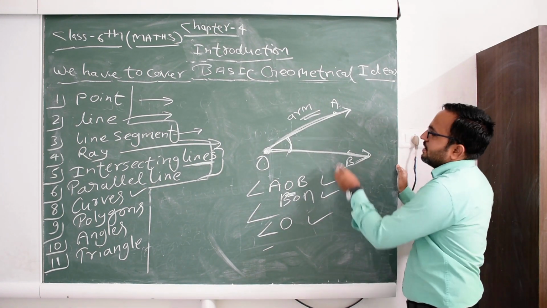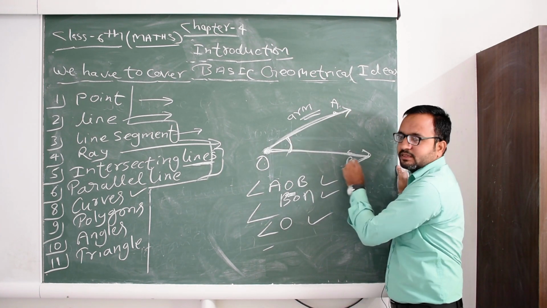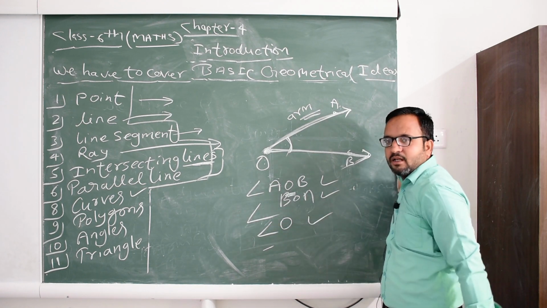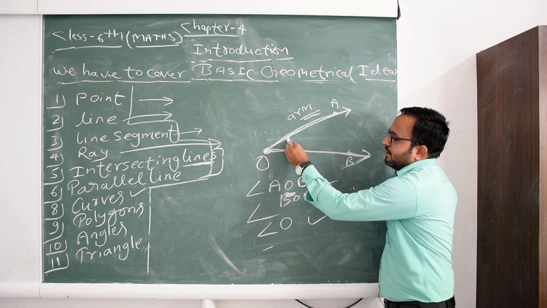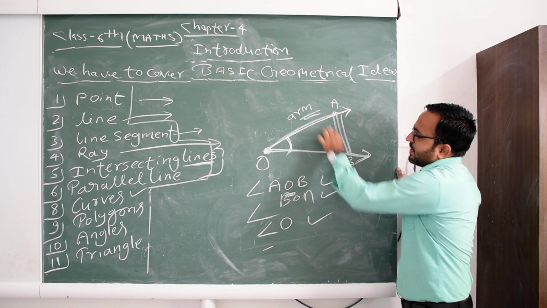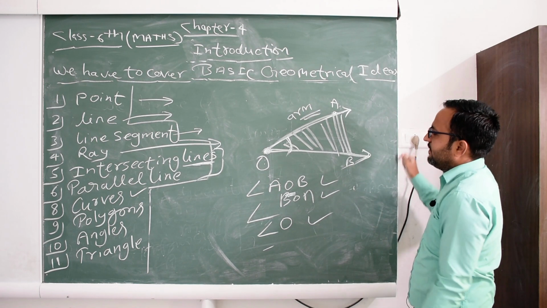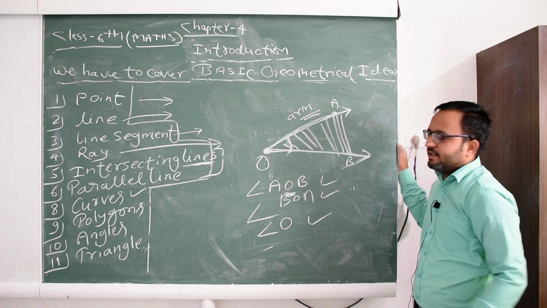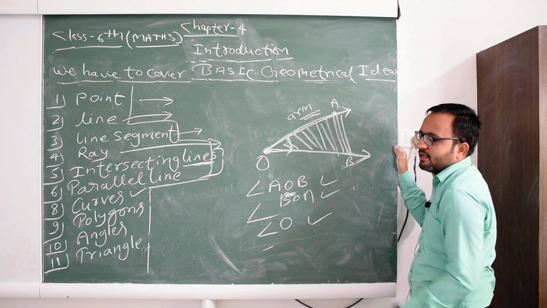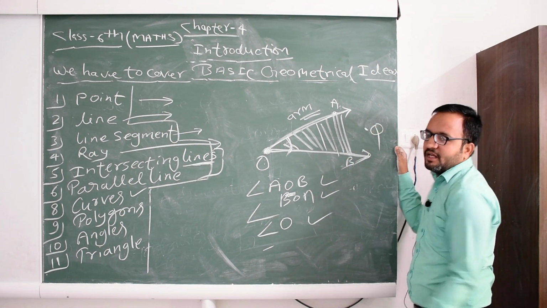Once again I repeat, if two rays, also called arms, connect at one single point, they form an angle. Now this is the interior part of the angle. If we draw an interior point, we call it Q. Is Q interior or not?